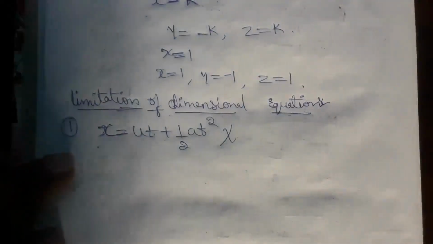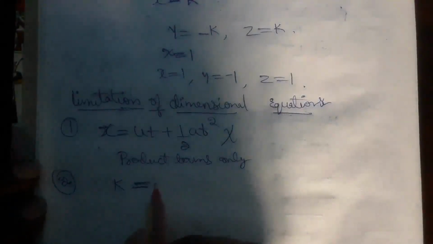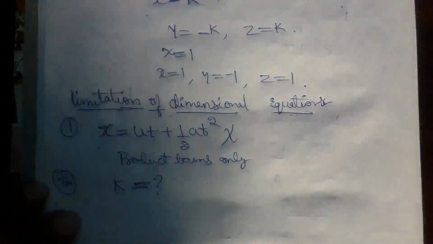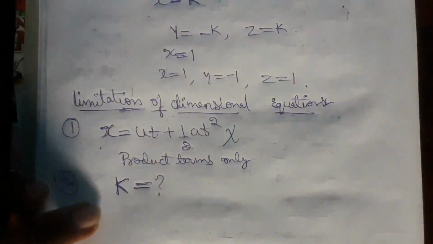For an equation like s = ut + half at squared, it doesn't work, but it only works for equations having only products. The second one is that we cannot find the dimensionless proportionality constant by this method. We have to find it by another method. K doesn't have any dimension, so we cannot find the K value by this method.